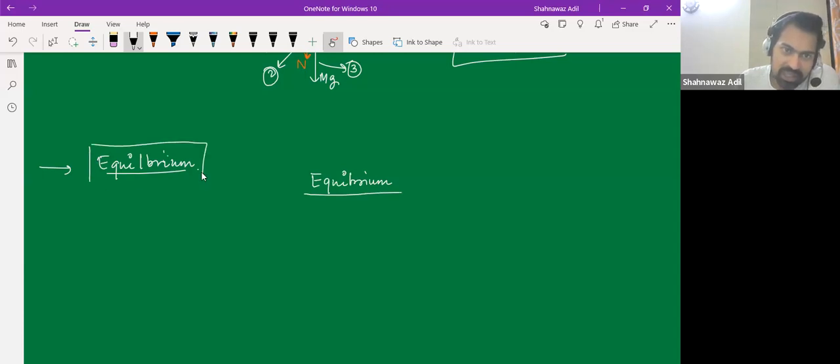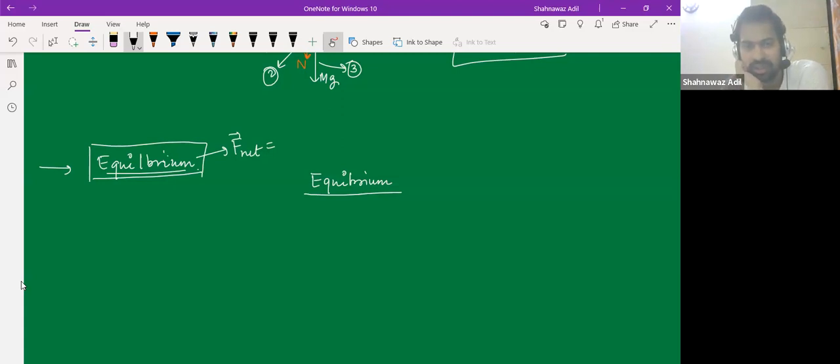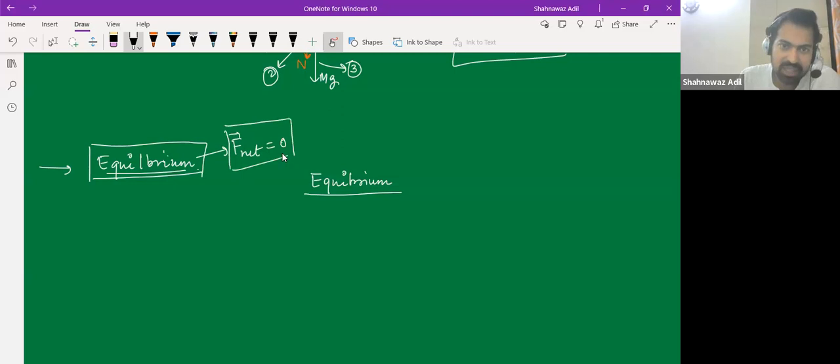Equilibrium means that the net force acting on that object is zero. I have already told you this. So we calculate all the forces, and if the net force is zero, we see that the object is at equilibrium. But how many types of equilibrium do we have? We have two kinds.